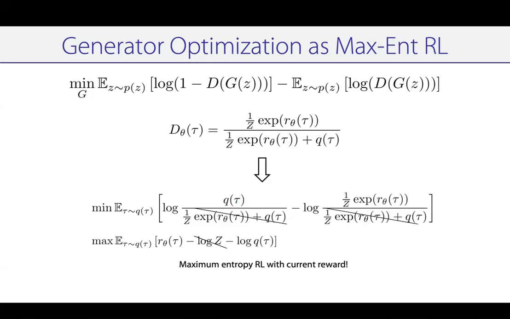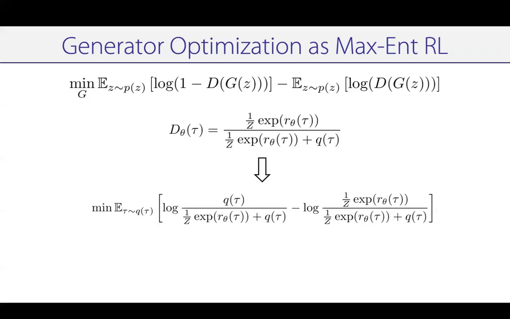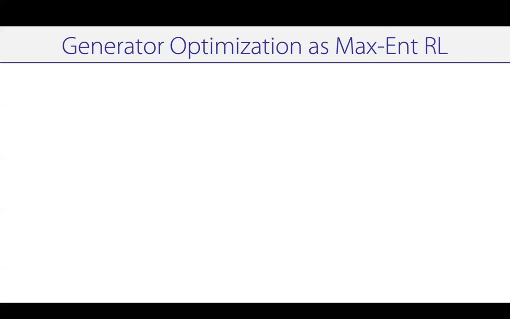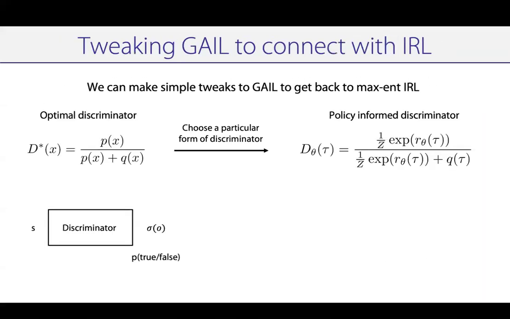What was the intuition for subtracting the log Q on the other slide? The one with the GAN?